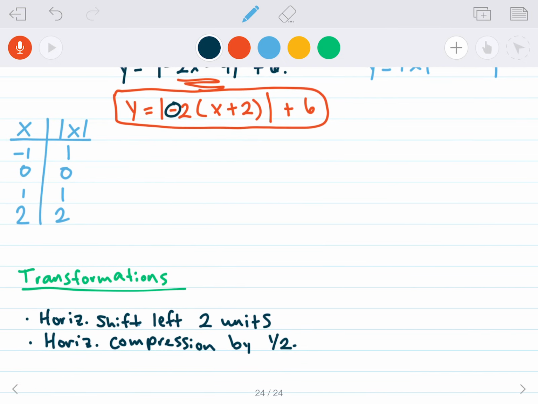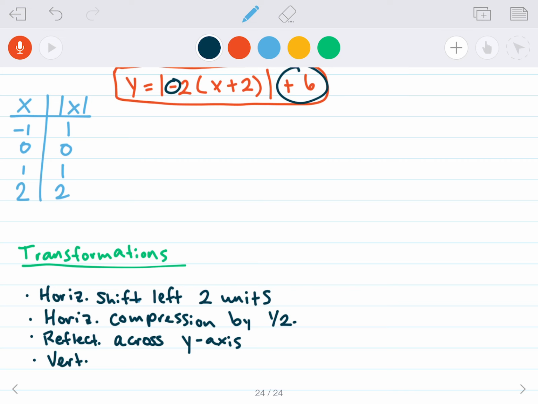This negative in the argument, this multiplication by a negative, is telling me it's a reflection across the y-axis. And finally, at the end here, not in my argument, is going to be addition by 6. So this is going to be a vertical shift up 6 units.